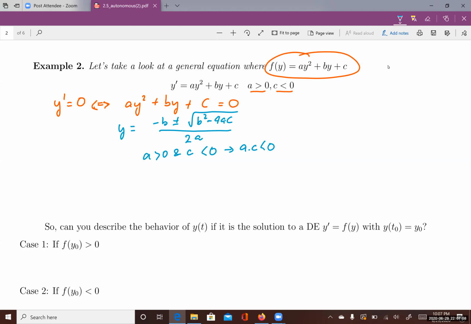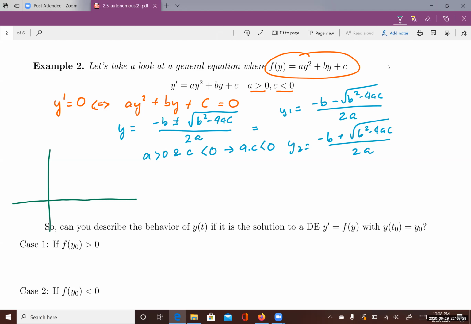So you have y1 equals negative b minus the square root of b squared minus 4ac, divided by 2a, and y2 equals negative b plus the square root of b squared minus 4ac, divided by 2a.